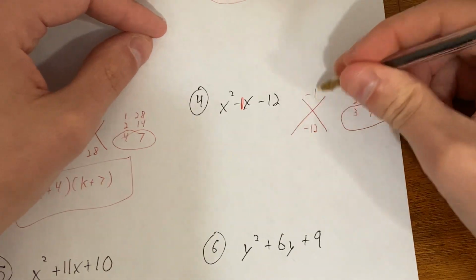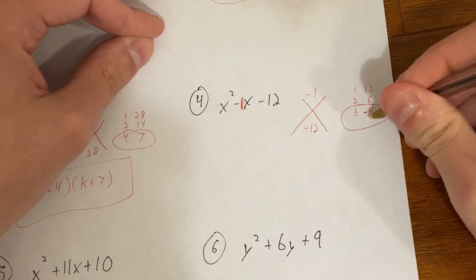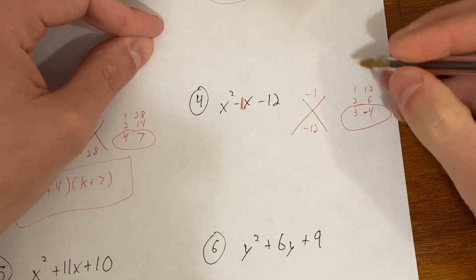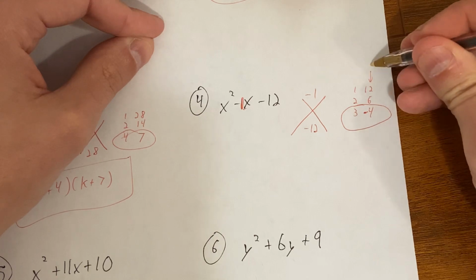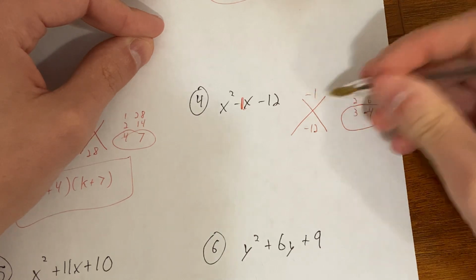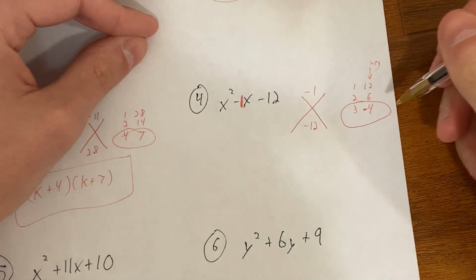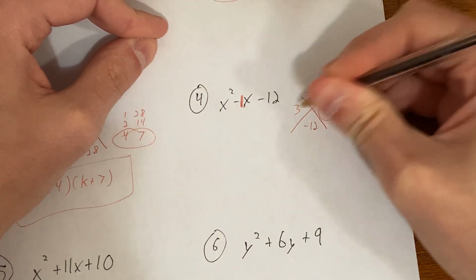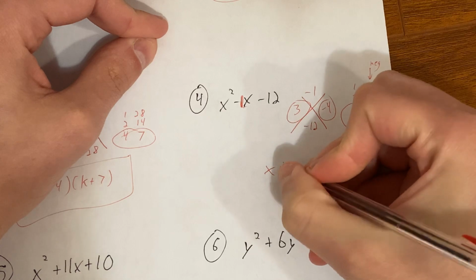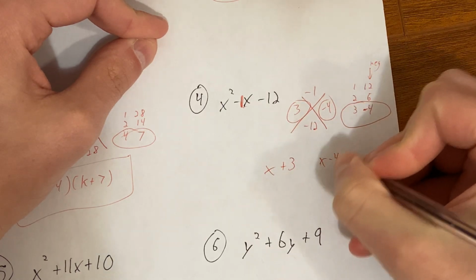So since this is a negative, the bigger one's going to have to be negative. That's another trick. If this thing is negative, then the number on the right has to be negative, because the bigger one is negative, and the bigger ones will always be on the right. Aha! So 3 and negative 4, so you get x plus 3 and x minus 4.